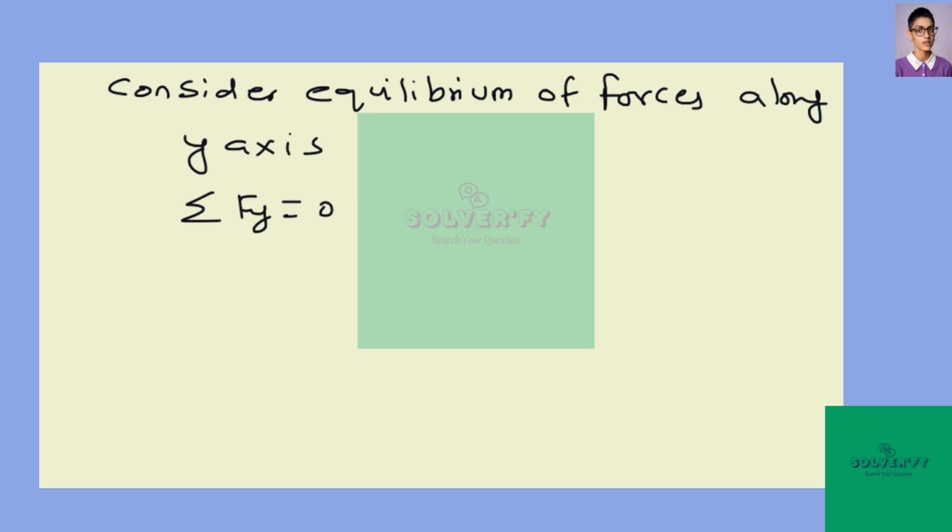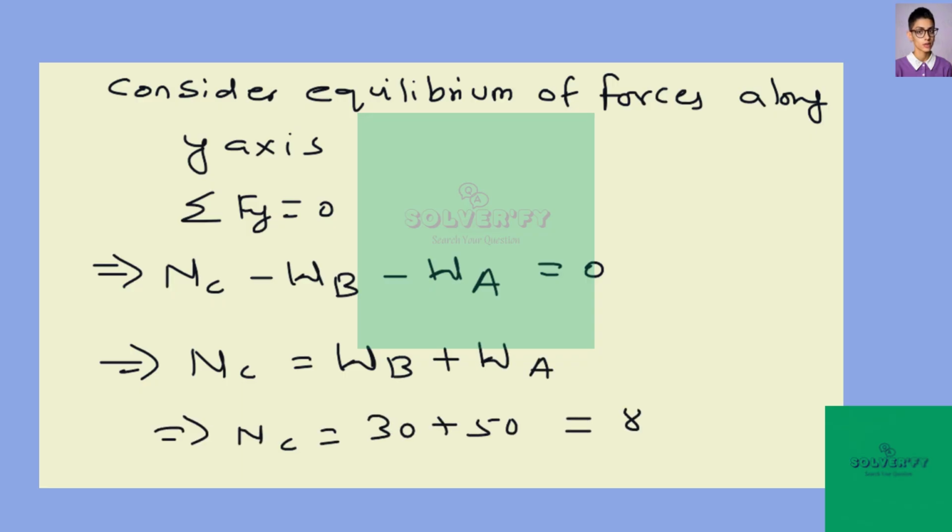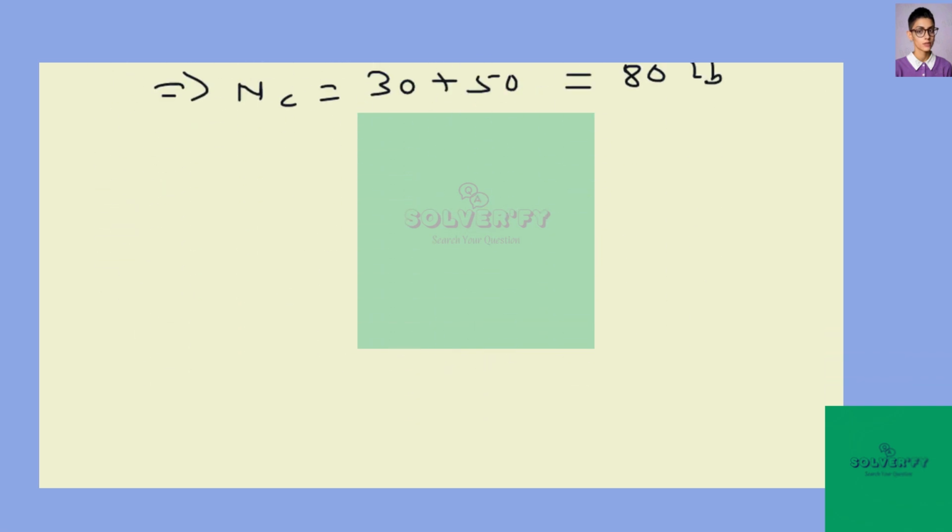So summation of Fy is equal to 0 or NC minus WB minus WA is equal to 0 or NC is equal to WB plus WA or NC is equal to 30 plus 50 is equal to 80 lb.